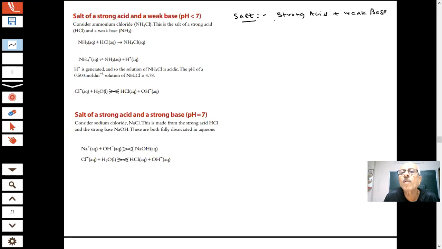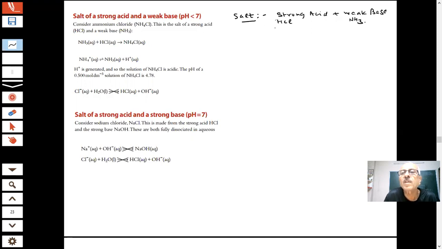And which weak base are we using again and again, students? NH3 will be the weak base. NH3 is a weak base.